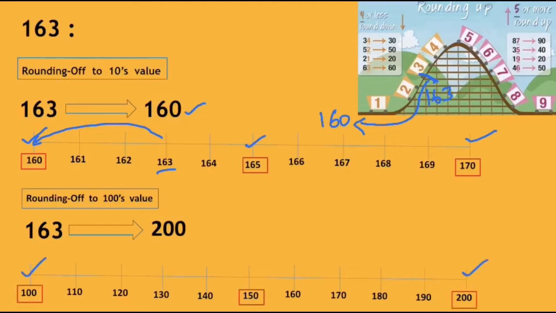The middle number is 150. 163 will be placed between 150 and 200, and this 163 is nearer to the highest hundreds value, that is 200. So we will round 163 to 200.